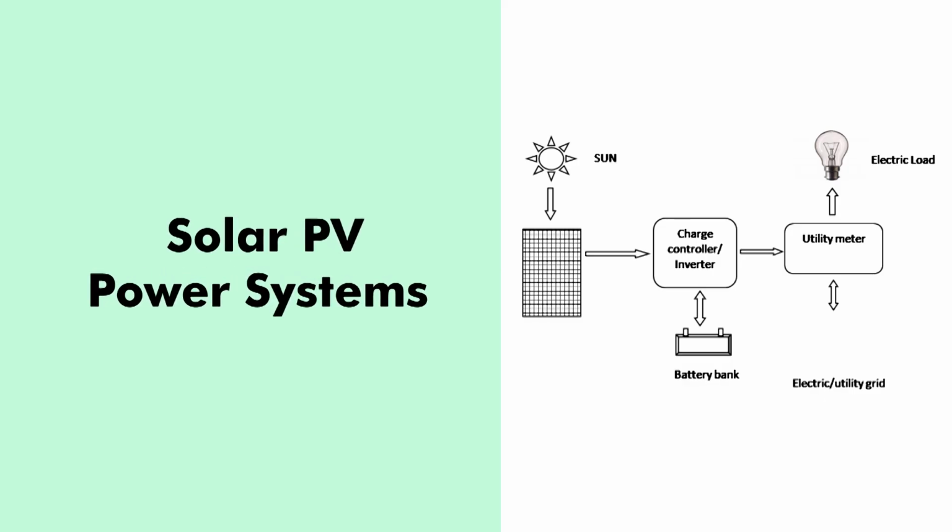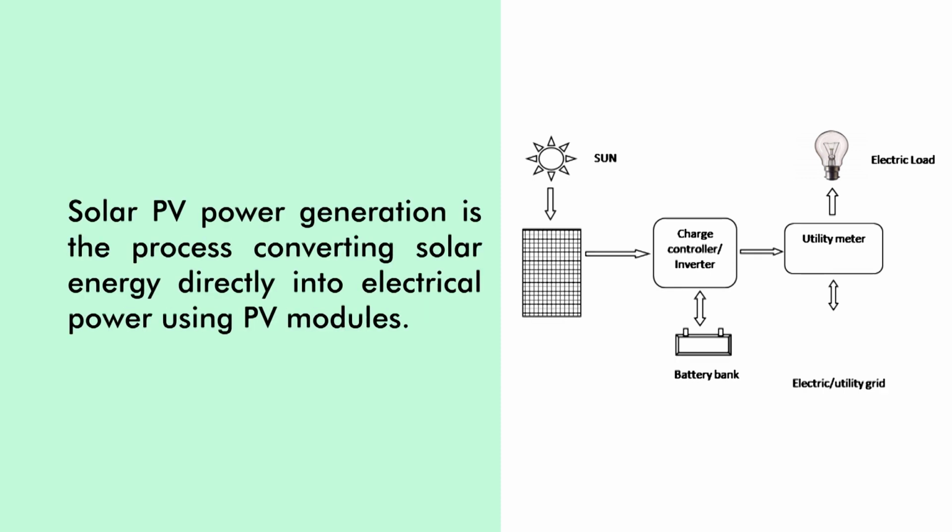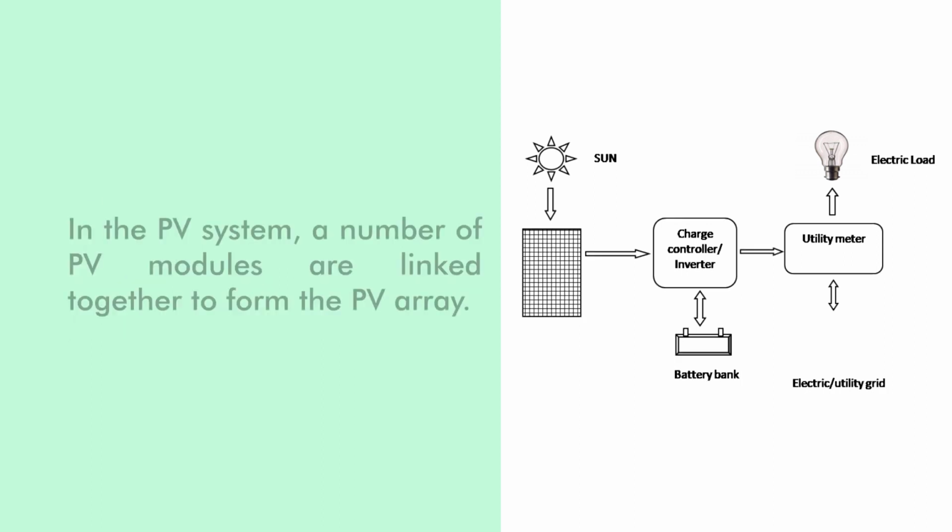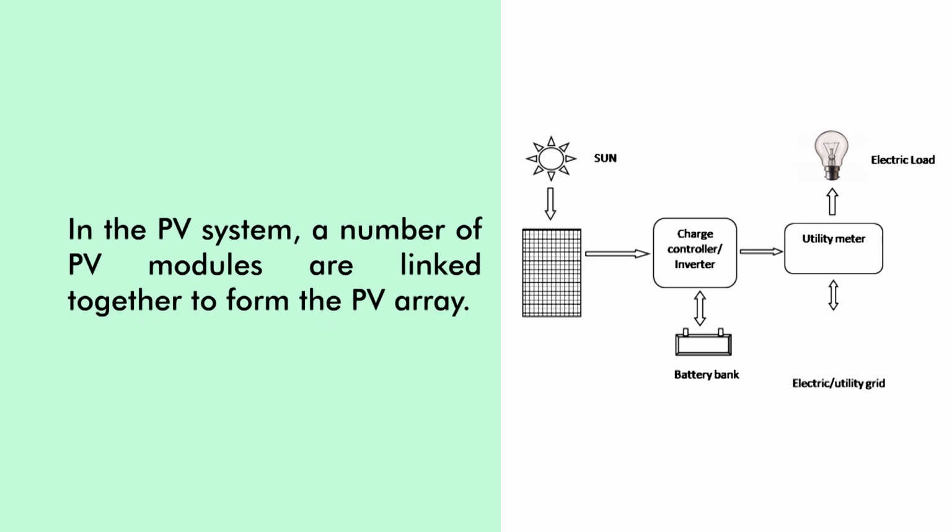Now we will discuss the solar PV power system. Solar PV generation is the process of converting solar energy directly into electrical power using PV modules. In the PV system, a number of PV modules are linked together to form the PV array, as we have already discussed.